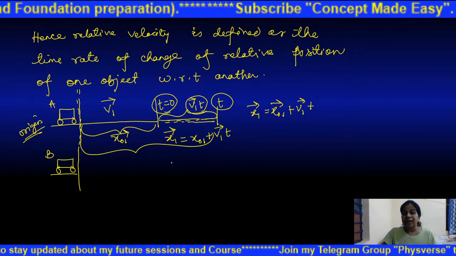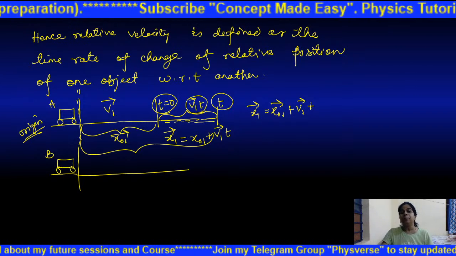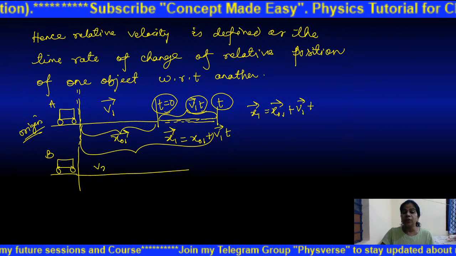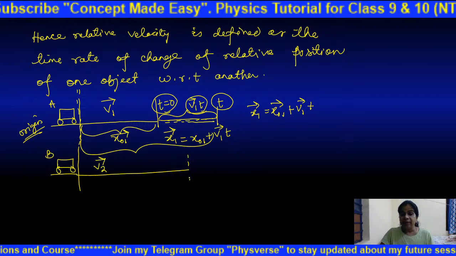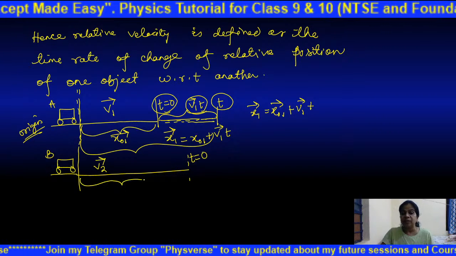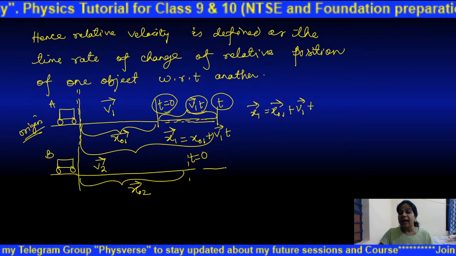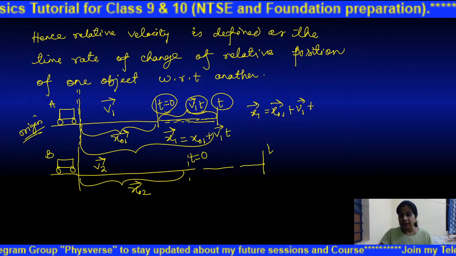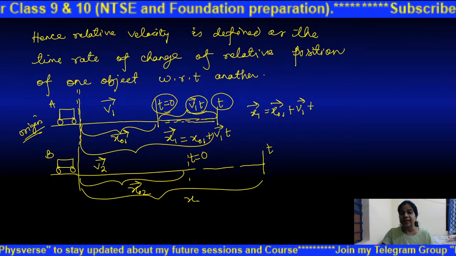That's why I have represented the arrow mark. Similarly, suppose this is vehicle B, moving with velocity v2. Understood? Now suppose at time t equal to 0, इसका displacement हुआ x02. And at time t equal to t, suppose this displacement is x2.